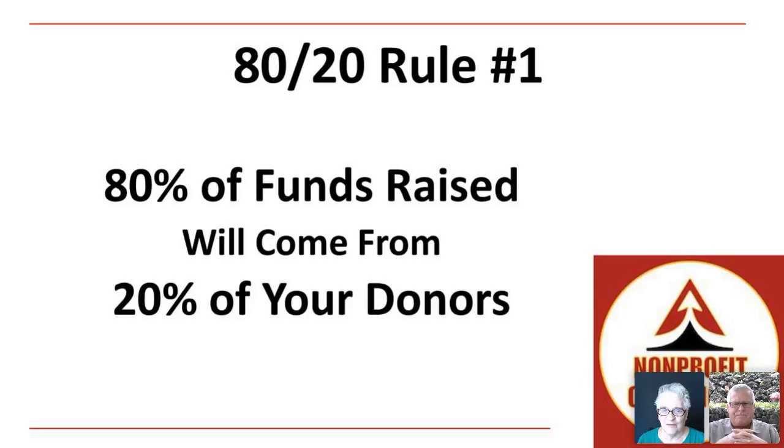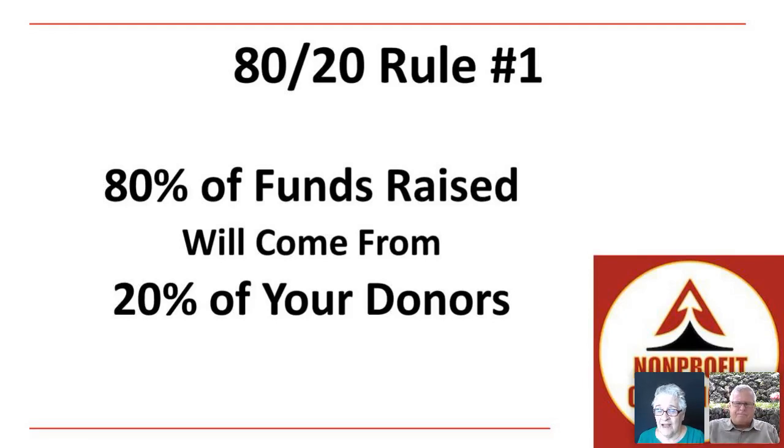But I even think this rule recently has changed. When I entered the field, it was the 80-20 rule, but recent history shows us that because it is becoming more of a professionalized profession, and because there's so much emphasis on major gifts, some people now are saying it's more like the 90-10 rule, and even as high as the 95-5 rule, that 5% of your donors are actually accounting for 95% of your funds, which in one way tells us we need to spend more time with major donors.